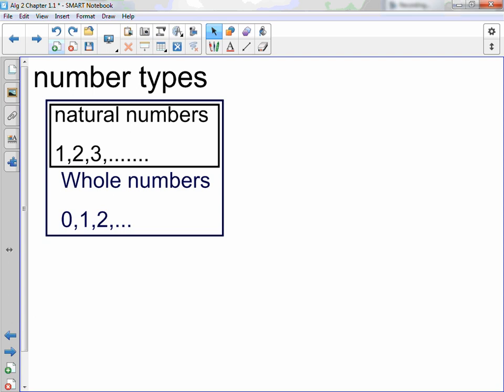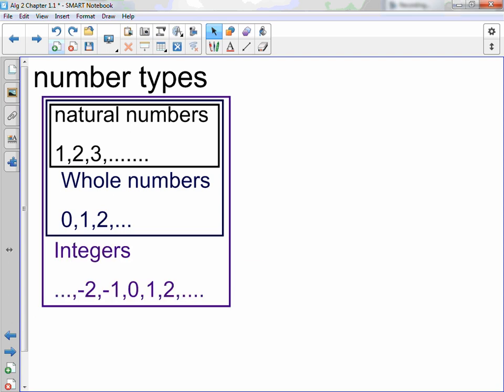Now, whole numbers really doesn't have a symbol. Sometimes I'll denote it as a W with 2 lines, but it really doesn't have a symbol for whole numbers. Because if we're going to talk about 0, we're also talking about negatives. And our negative numbers are actually our integers. So we start adding negative numbers in.